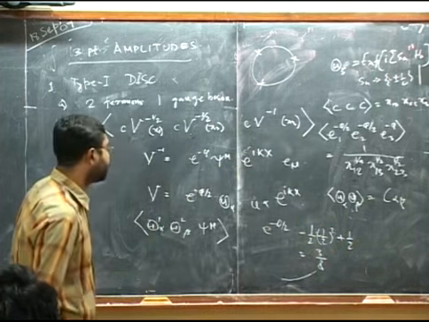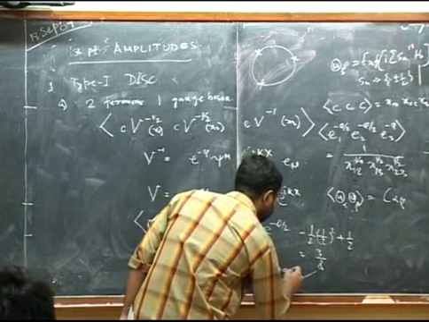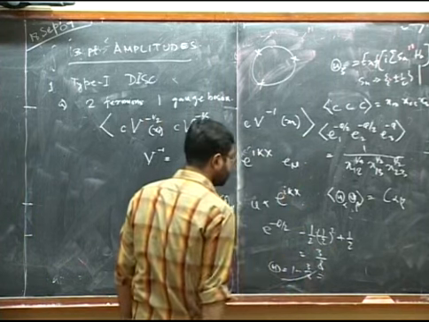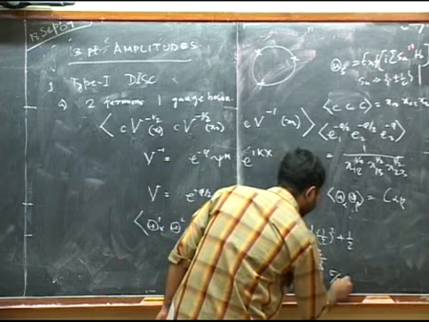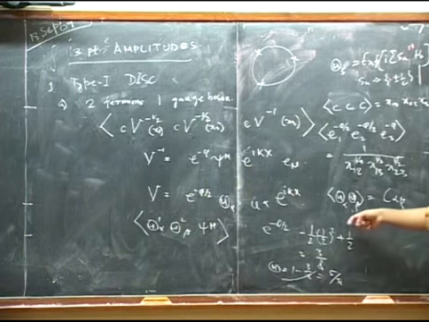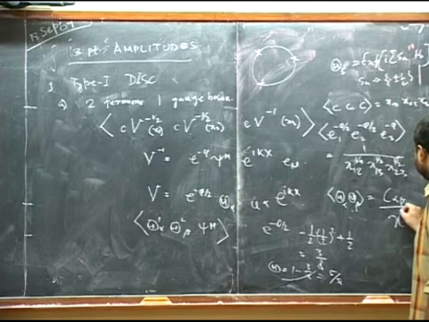And therefore the weight of theta is 1 minus 3 by 8, which is equal to 5 by 8. Since we have two thetas here, it's 5 by 4, and therefore the dependence is x to the power 5 by 4.